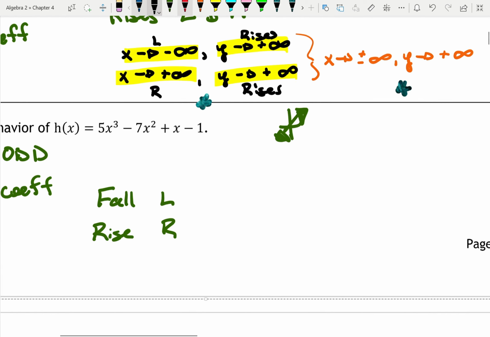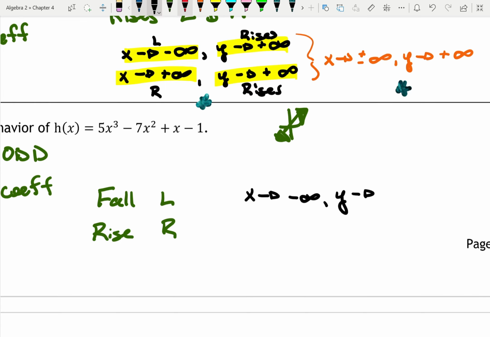We could also say that as x approaches negative infinity, that's left, y goes down to negative infinity. And then as x approaches positive infinity, that's going to the right, y approaches positive infinity.